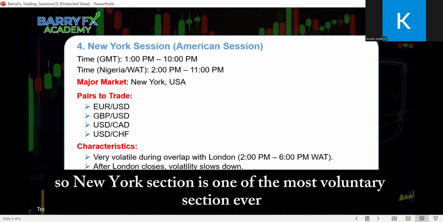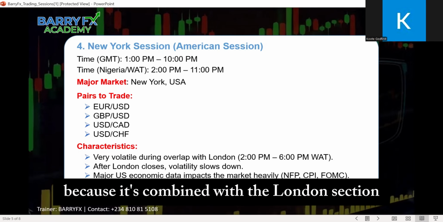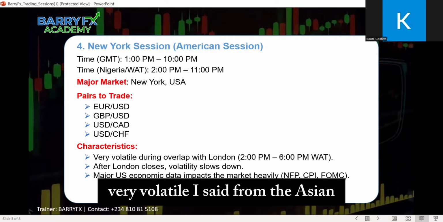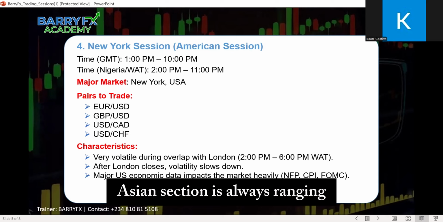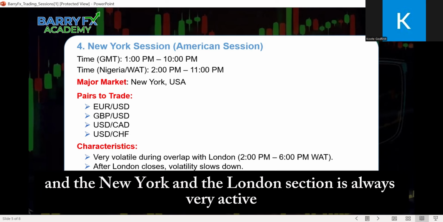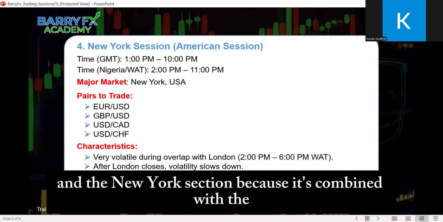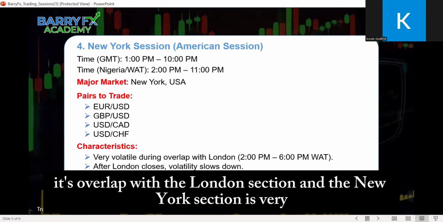So the New York session is one of the most volatile sessions ever because it's combined with the London session, and the London session is also very volatile. I said the Asian session is always ranging, and the London session is always very active, which is the time I normally trade. And the New York session is very active because it overlaps with the London session.